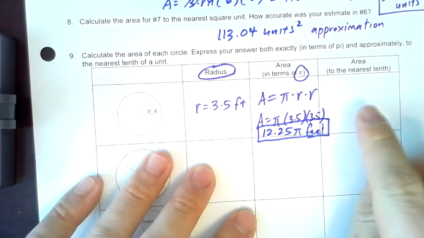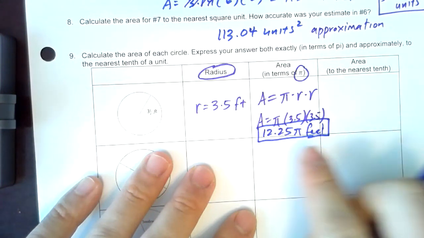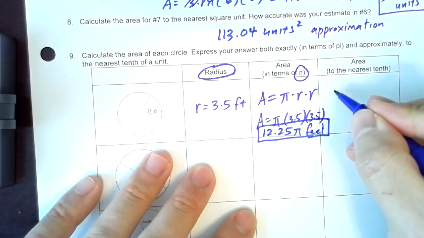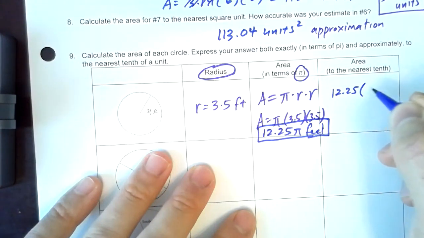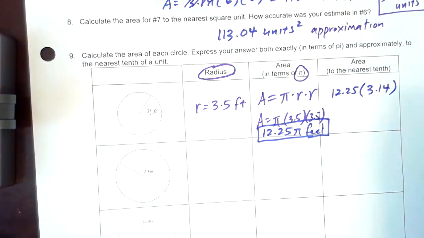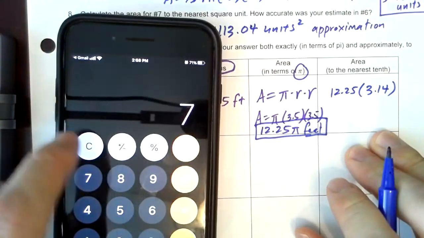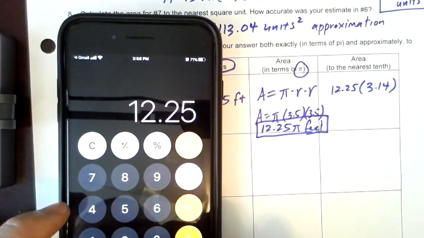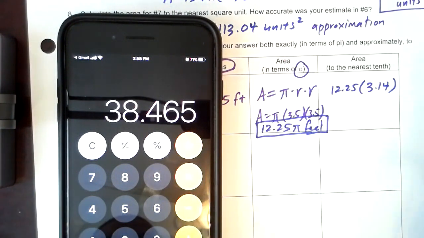Now, the only thing left we have to do is plug in 3.14 for pi to get this piece. So 12.25 times 3.14. Now, I do not know that, so I'm going to go ahead and use the calculator, and I get 38.465.